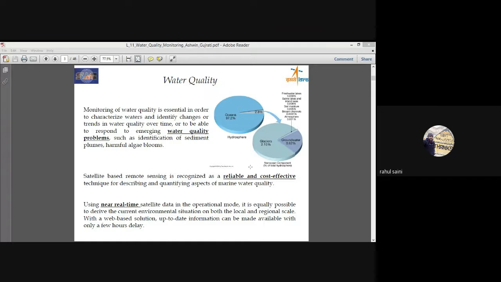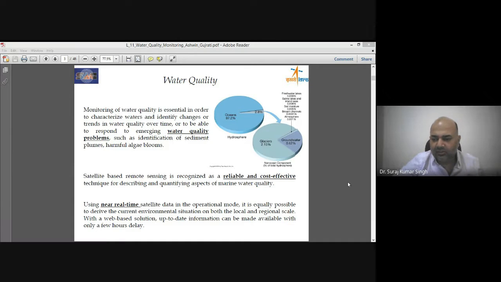Okay, sir. So we'll start today with water quality, as we have already completed. I know that remote sensing and GIS is very useful for delineation, mapping and identification of various kinds of water quality, water identification, sediments. So monitoring of water is essential in order to characterize water and identify changes or trends in the water quality over time.